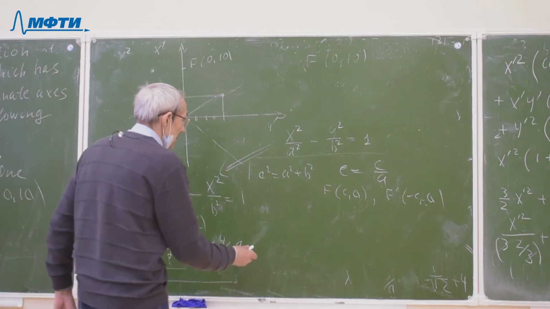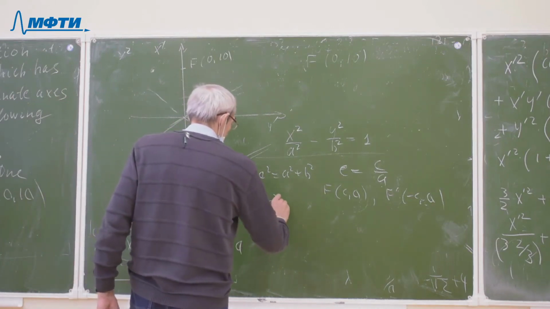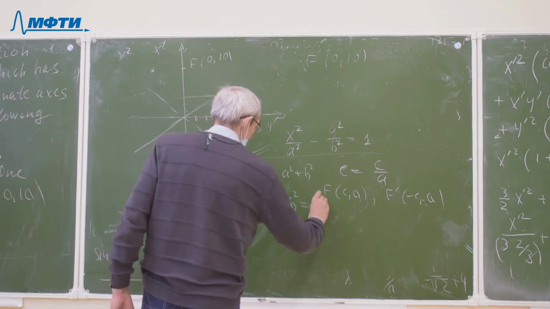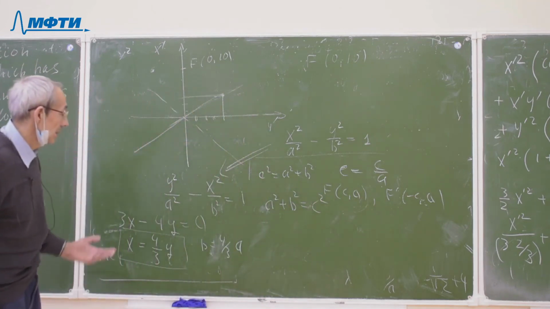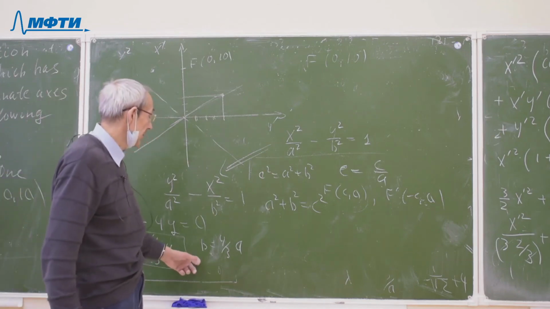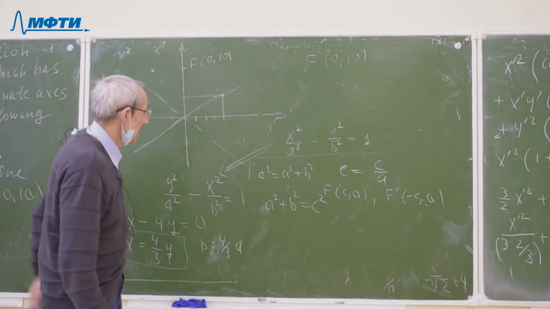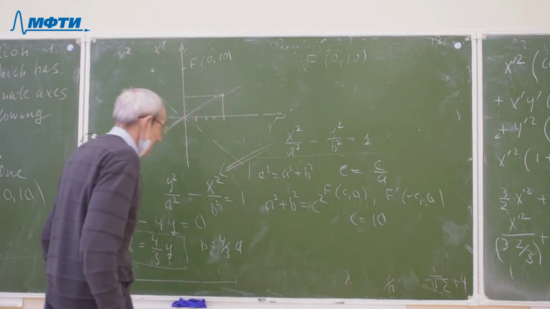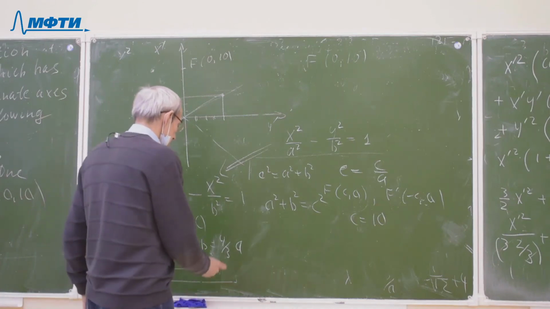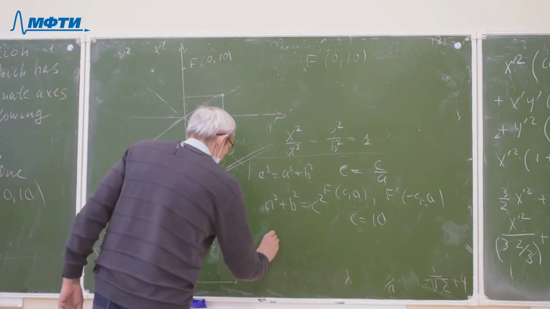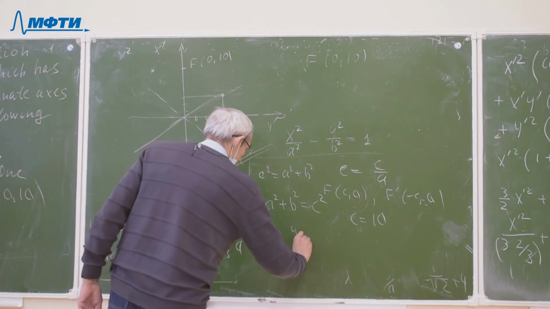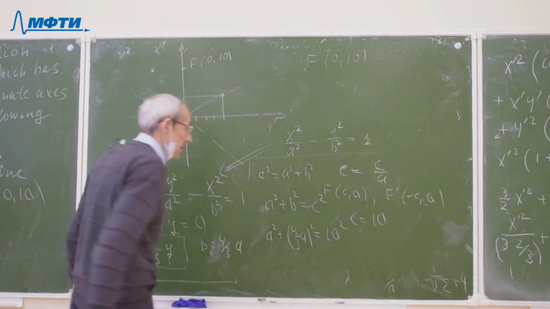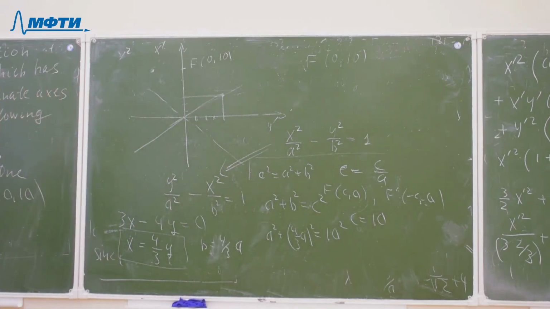And we also have that a square plus b square is equal to c square. We have a relation between a and b, and we also know that c is equal to 10.